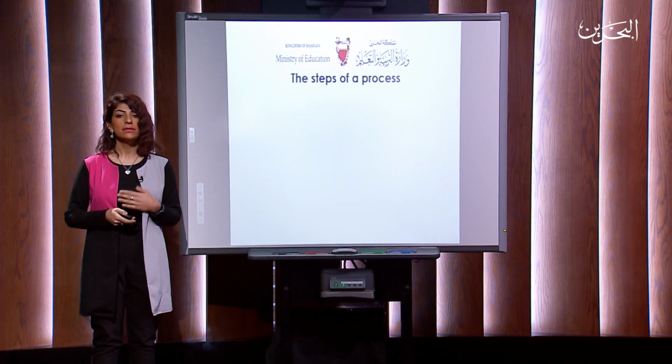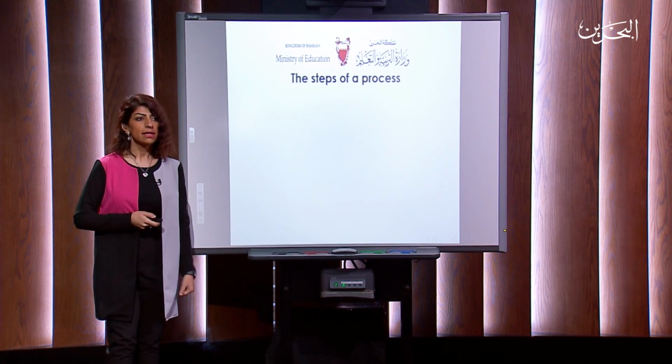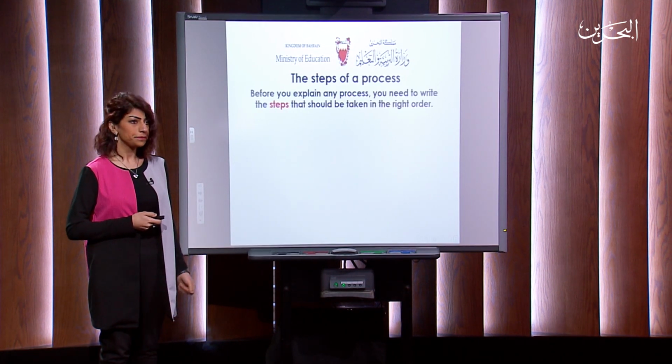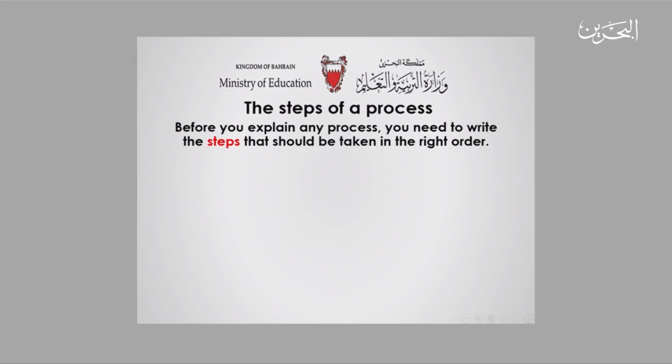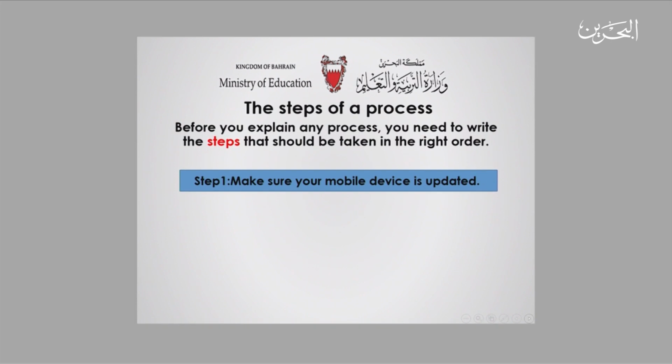I'll give you an example to clarify what I have explained. The steps of a process. Before you explain any process, you need to write the steps that should be taken in a process. That will be like a mind map to help you. For example, these are the random steps that I have written just to clarify the idea.